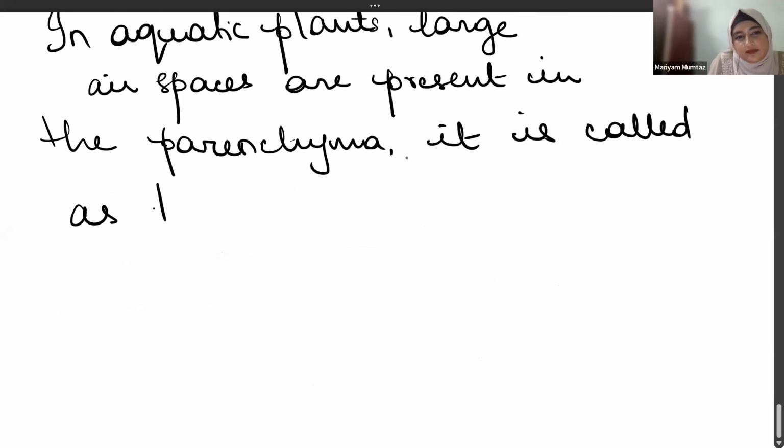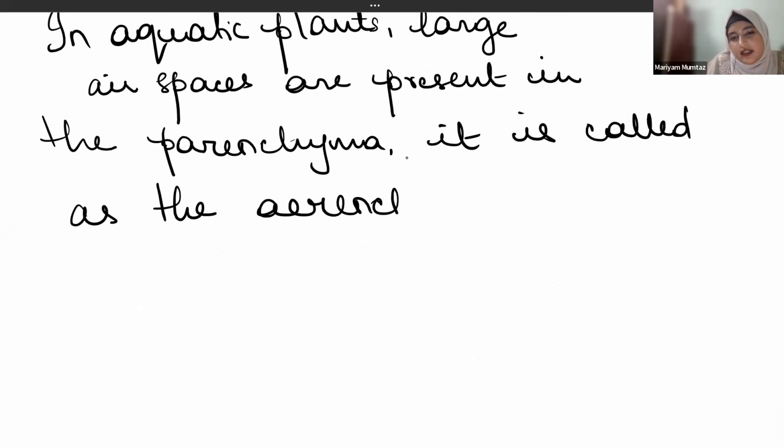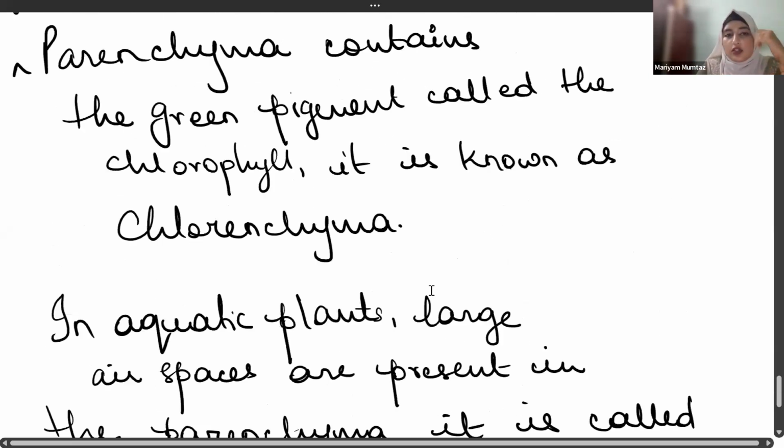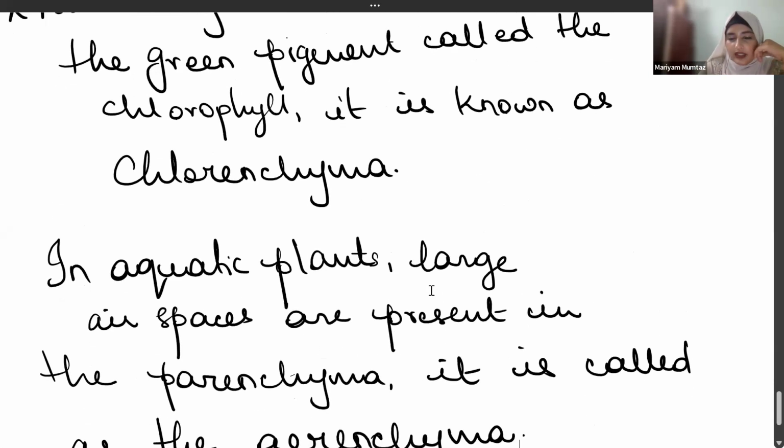The parenchyma that contains the air spaces will be called the aerenchyma, and the parenchyma that contains the chlorophyll will be called the chlorenchyma. Is it clear?